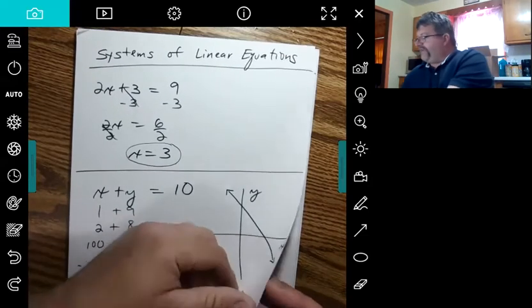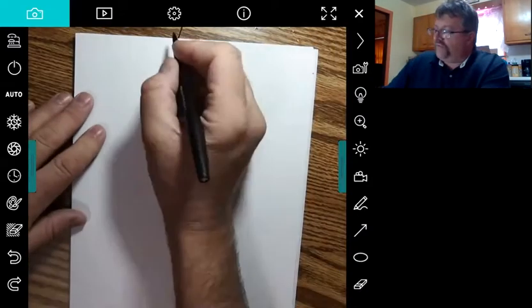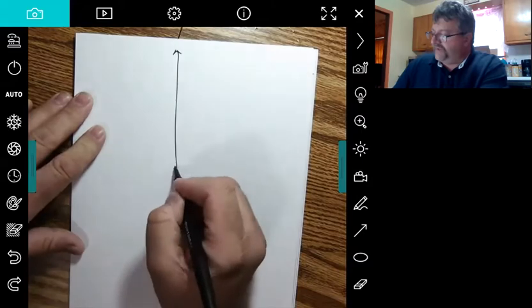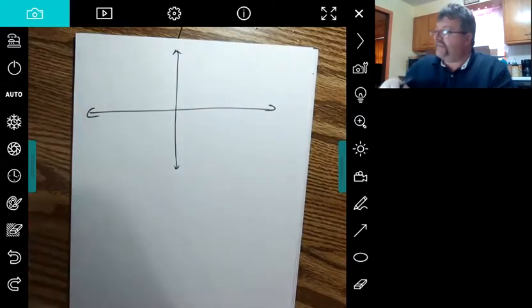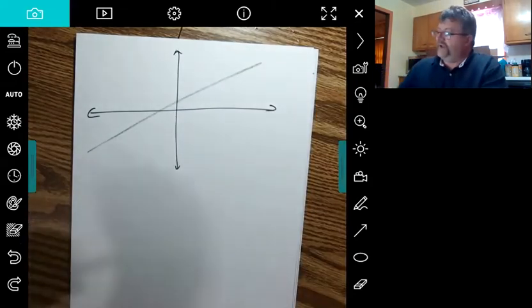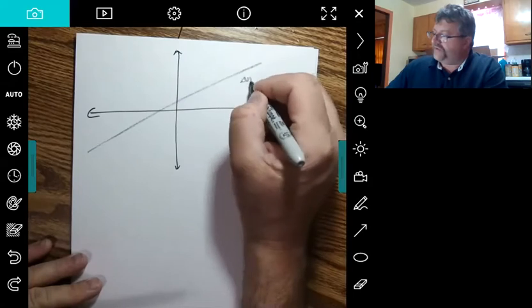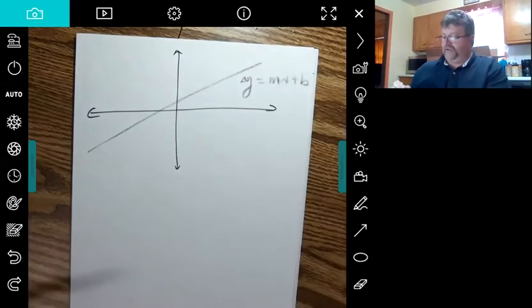Okay? Graphically, and again, we're not graphing, but I just want to show you what we're doing. Graphically, I've got my x and my y axes here. I'm going to have some line, whatever it is, there's a line, and there's some equation that goes along with that line. Y equals mx plus b. Okay?